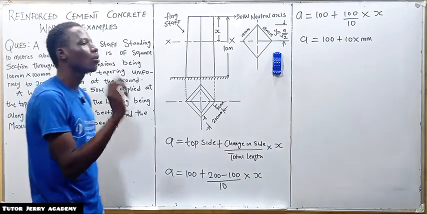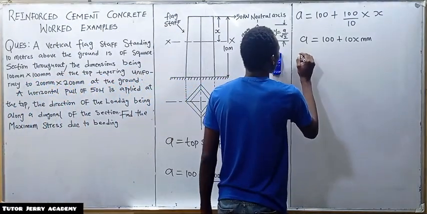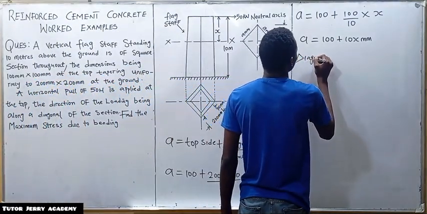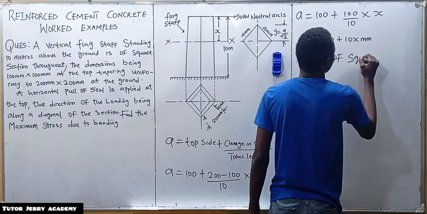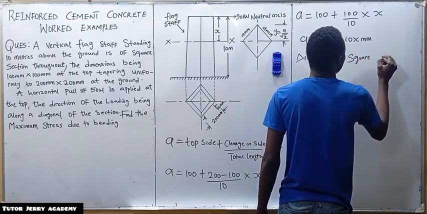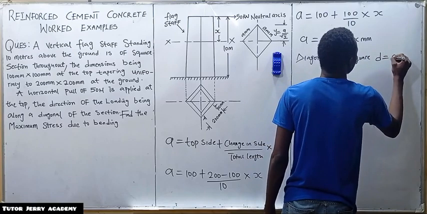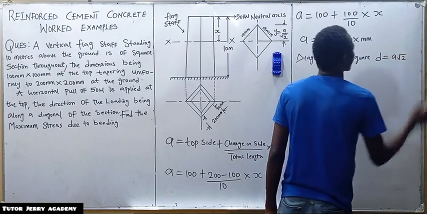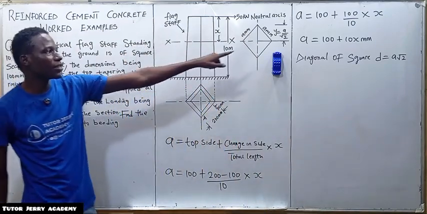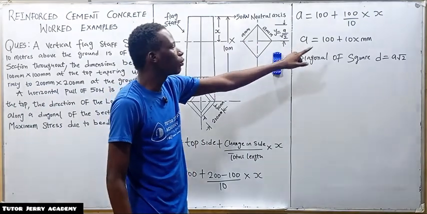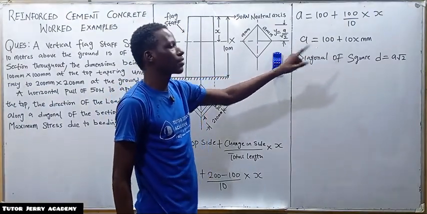So D equals A multiplied by the root of 2, and we know that A is 100 plus 10x millimeters.